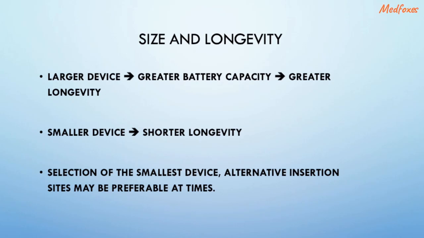When device size becomes a significant factor, the technically simplest solution may be to use the smallest available device and insert it prepectorally, despite potential limits to longevity. Even with the selection of the smallest device, alternative insertion sites may be preferable at times.